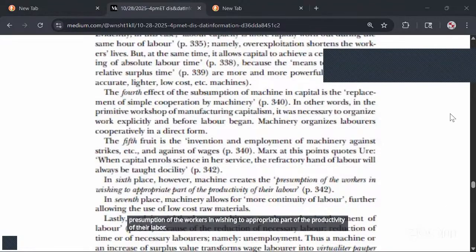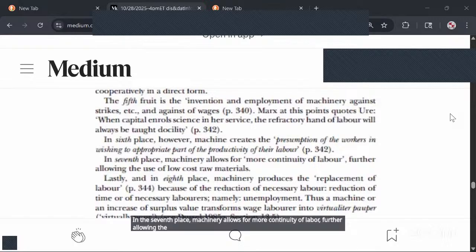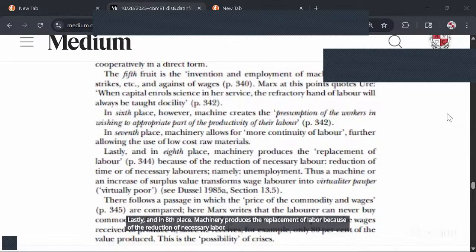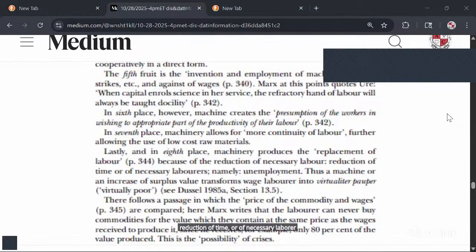In the seventh place, machinery allows for more continuity of labor, further allowing the use of low-cost raw materials. Lastly, and in eighth place, machinery produces the replacement of labor because of the reduction of necessary labor, reduction of time, or of necessary laborers, namely, eighth place is unemployment.